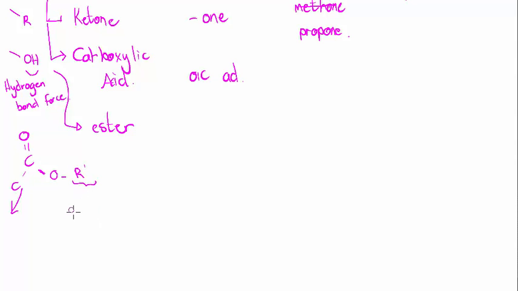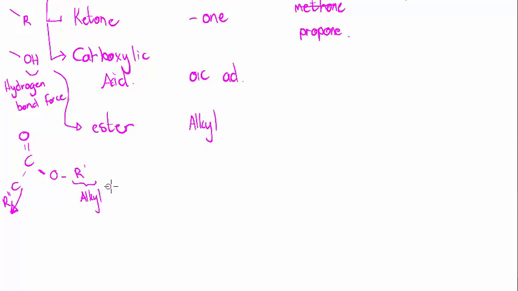Now, in naming this one, we name this the alkyl. So this one will actually be a branch, and the carbon chain on the other side is the one I count. I will start with my alkyl group, I'll call it a branch, so it will be whatever the alkyl name is.